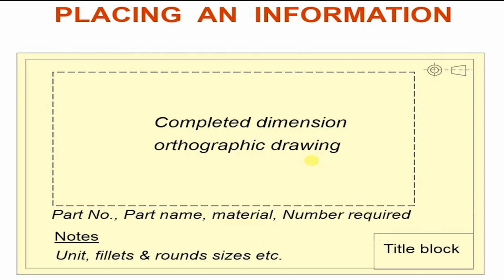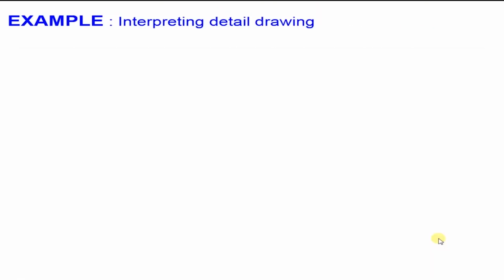Here is just the example of the sheet and where we have to put the information. As you see here all the completed dimensions and orthographic drawings in this place. And here should be part number, part name, material, and so on. Notes like units, any fillet, and here the title block. I have an example here.